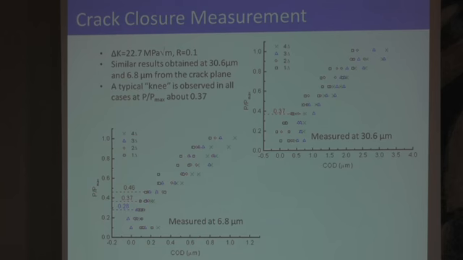We noticed that a similar result is obtained if we change the X values away from or close to the crack tip. We also noticed a knee observed at 0.37.